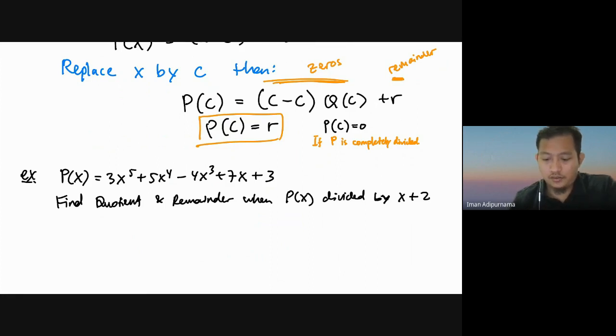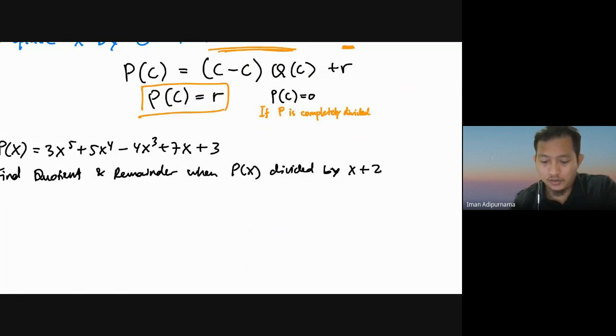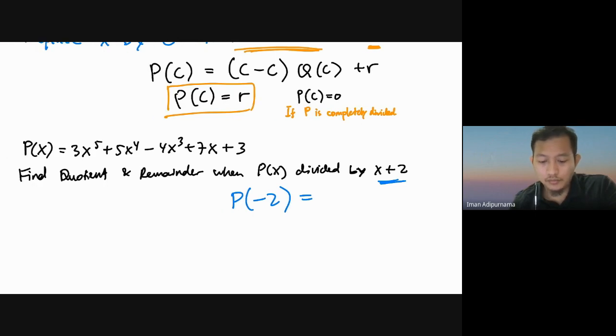Okay, if we use the remainder theorem directly, we can easily get it when we evaluate at x equal to -2, from the factor x plus 2. If we plug in and calculate, maybe it's too complicated to calculate, but I assure you this is 5.